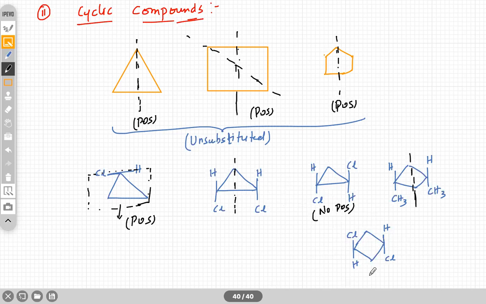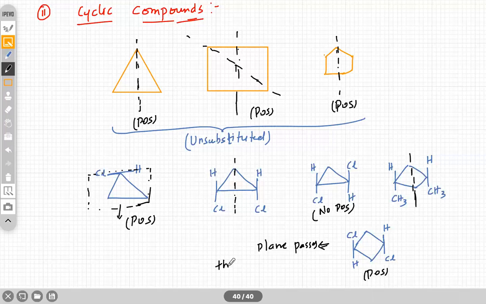So here we have a plane of symmetry, and this plane passes through both substituted atoms.